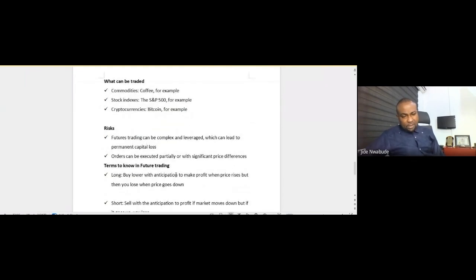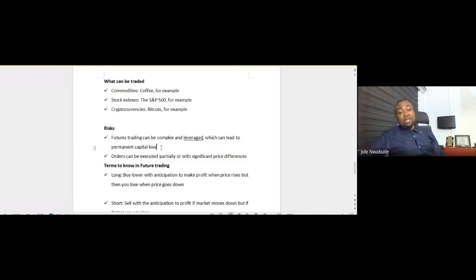Now, what's the risk? Futures trading can be complex and leveraged. This is where the problem is: leverage. Futures trading is a leveraged kind of trading. What leverage means is that I could trade with money that is not my money. So it could be complex and leveraged, which can lead to permanent capital loss.